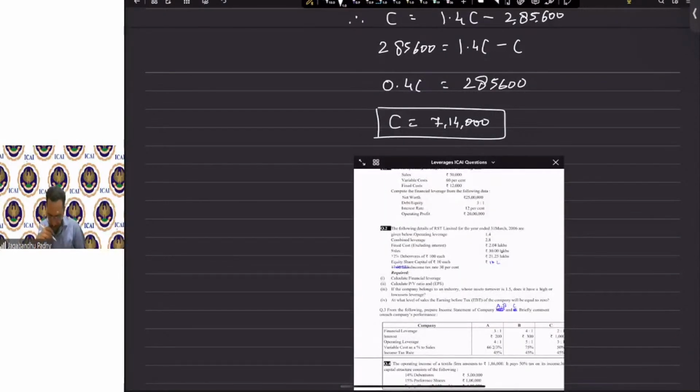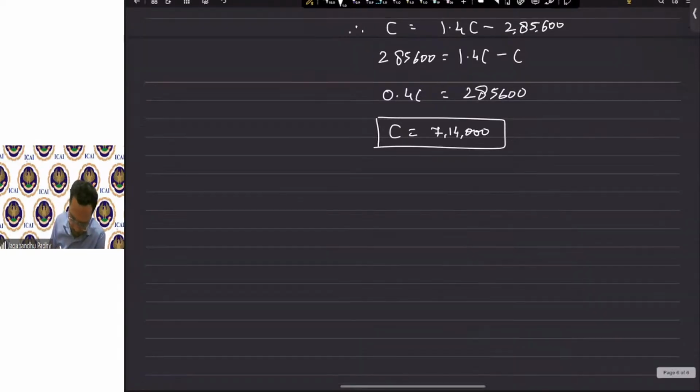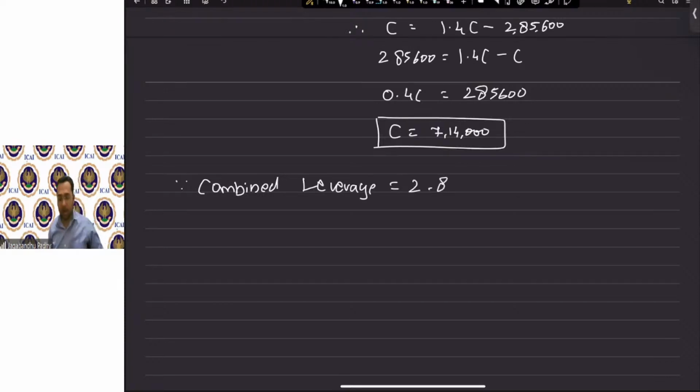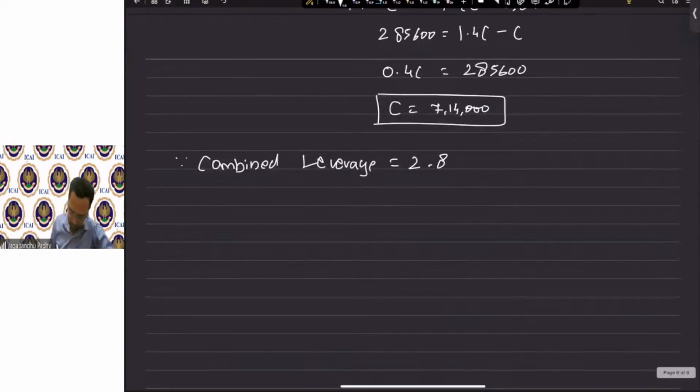Then the question also says combined leverage is 2.8. So since combined leverage is 2.8, and they have given the operating leverage as 1.4.